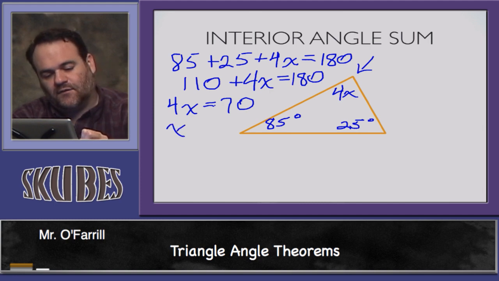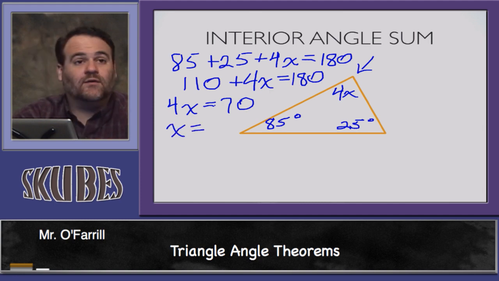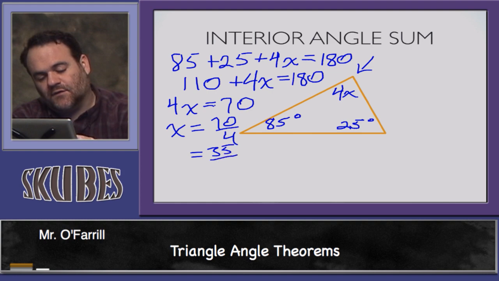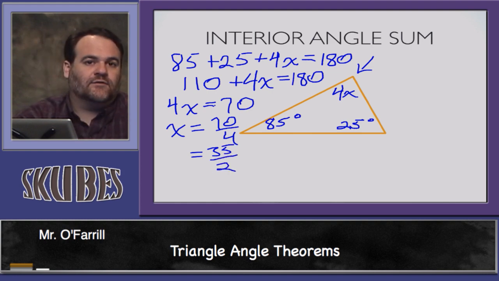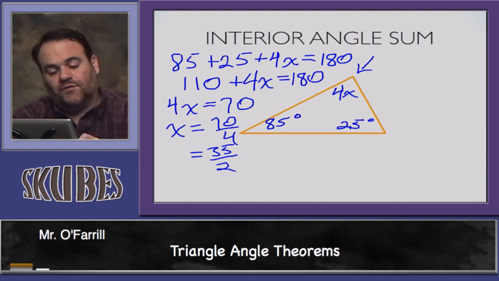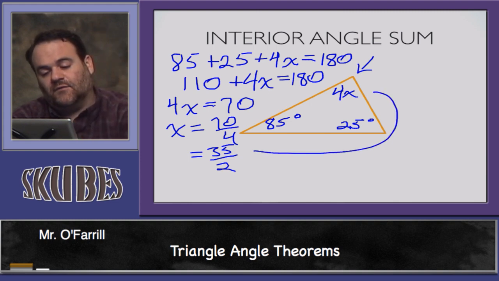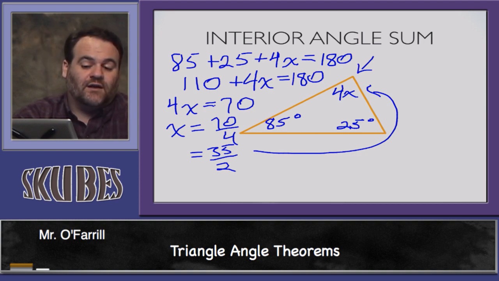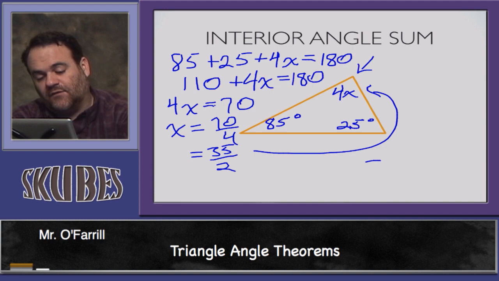So x apparently equals 70 over 4, which reduces to 35 halves. And if we want to plug 35 halves back into this original statement, we find that the measure of that angle is 70 degrees.